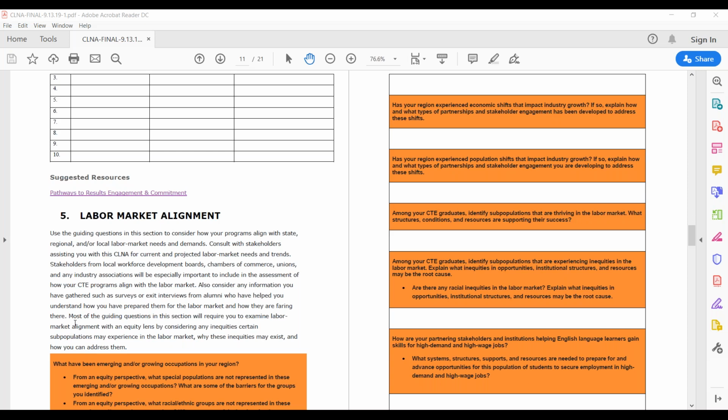At JJC, what we're looking at doing with labor market is using information from our Workforce Investment Board, but we're also doing an advisory committee survey that includes just 5 questions, distilled from this section of questions.